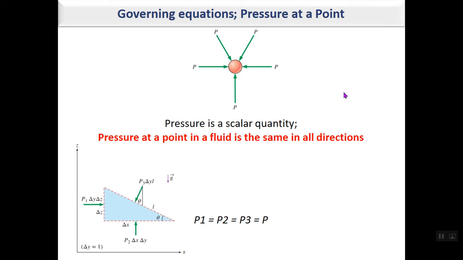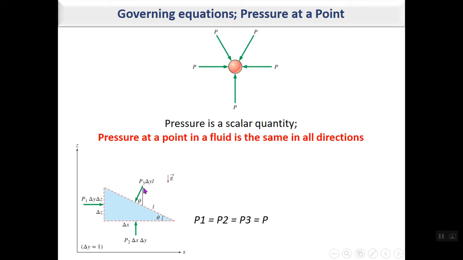Regarding pressure at a point, you know that pressure is a scalar quantity, and you can demonstrate, referring to basic fluid mechanics books, that pressure at a point in a fluid is the same in all directions.